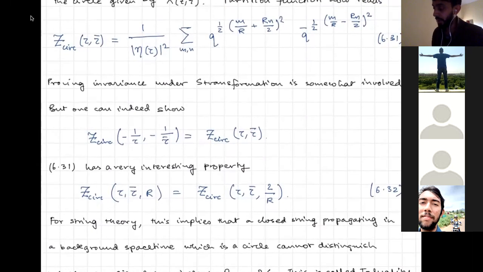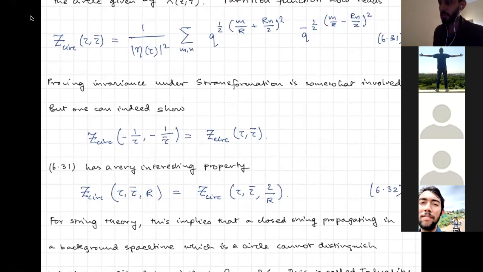Let's not go much deeper into this, but from the point of view of what we have done so far, first we were just looking at the partition function of a free boson, and there we saw that if we were to demand that it be modular invariant, we needed to check its transformations under the T and S transformations.